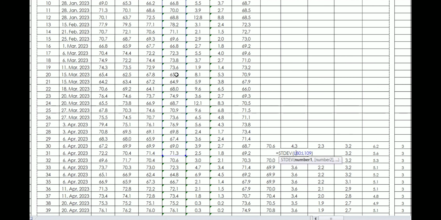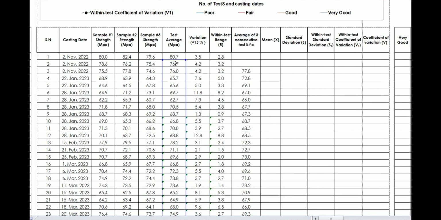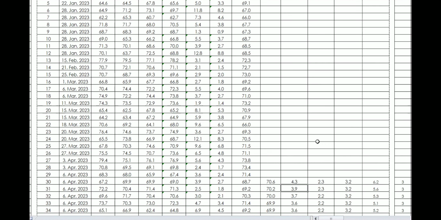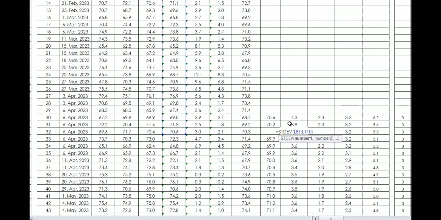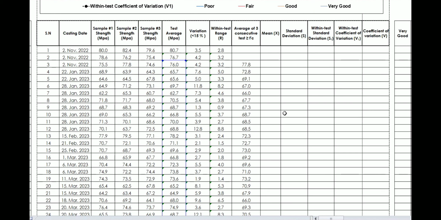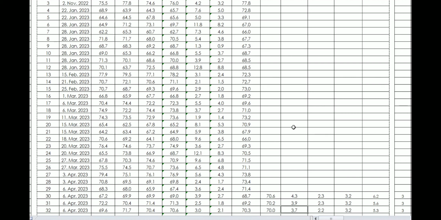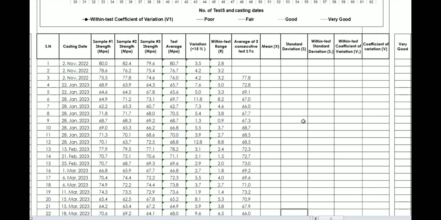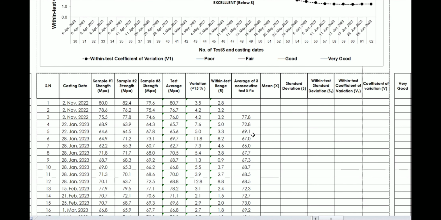Some specifications call for 40, and even ACI recommends also 15, but in that case you have to use a factor, like 16%, to increase your standard deviation. And whenever you have more samples, it's better to use the 30 strength tests.